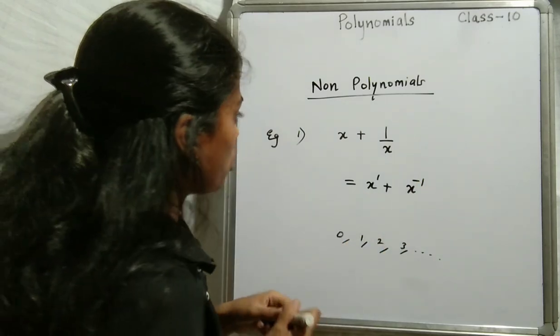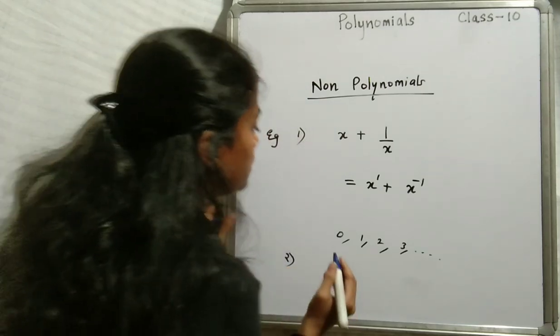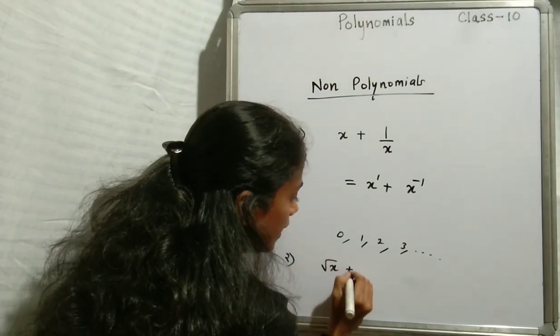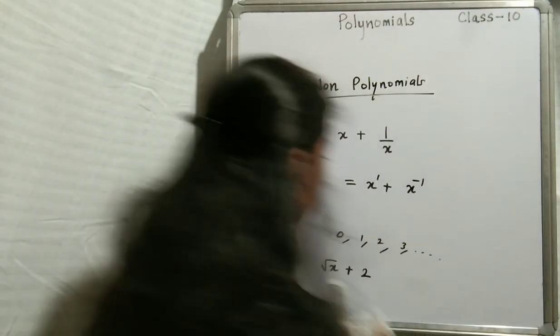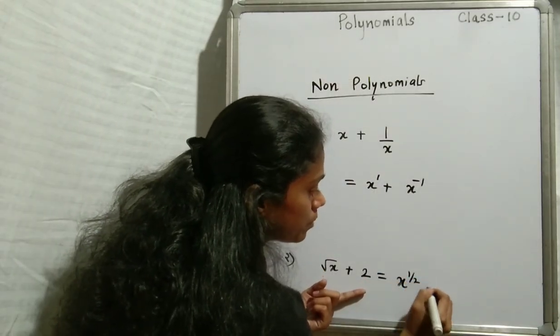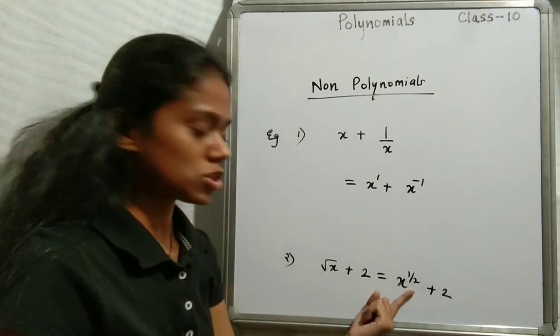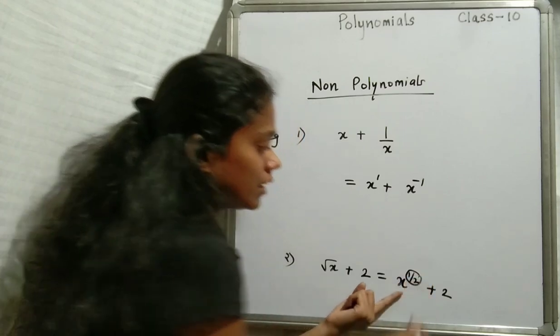Okay, so let us see the second example. Root x plus 2. Now root x plus 2 can be written as x to the power half plus 2, right? Root x meaning x to the power half, right? And you can see the power of this variable is half.